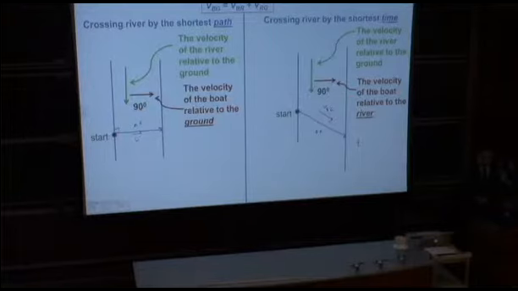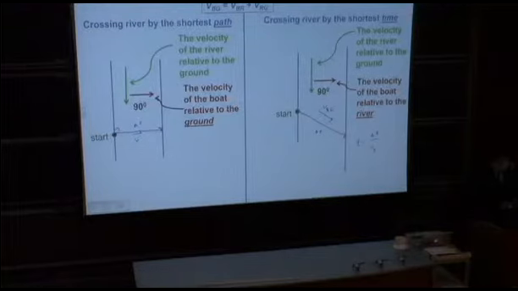One way, we could calculate the time using the speed of the boat relative to the ground. We just have to use the total distance traveled, but exactly the same time we will get if we use only horizontal component of velocity and only horizontal component of displacement.